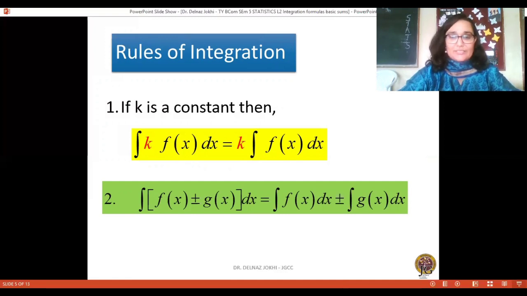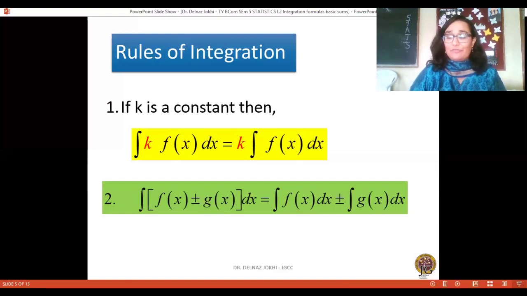Integration [fx plus or minus gx] dx is equal to... now see my dear students, as soon as you open up that square bracket, the integration sign and dx come inside with each function. So it is integration fx dx plus or minus integration gx dx. I sometimes call this the opening the bracket rule.